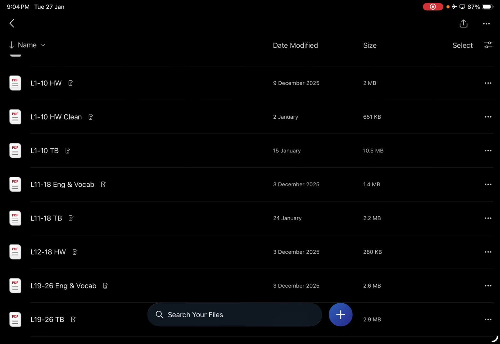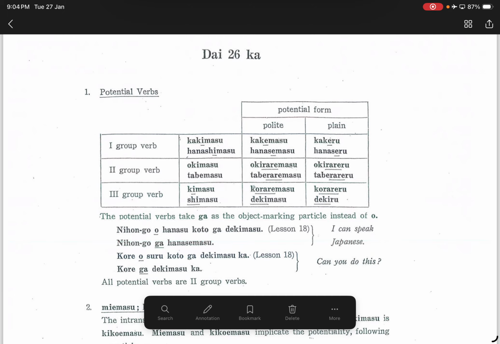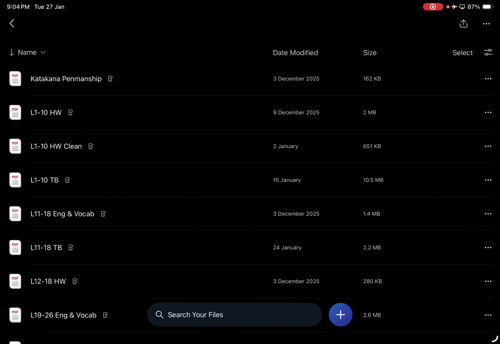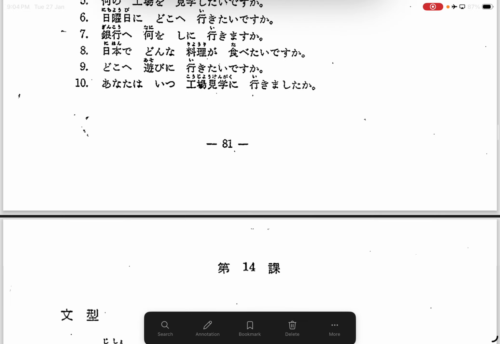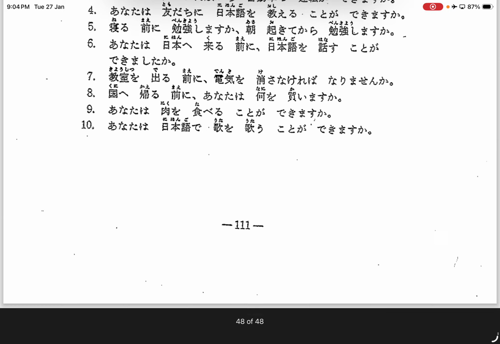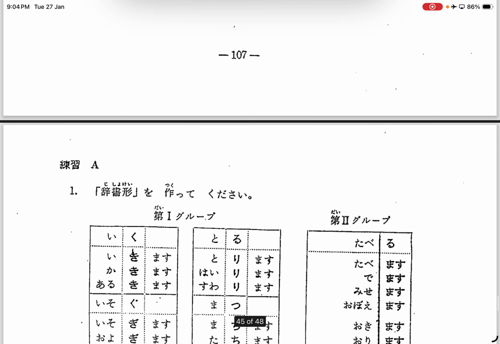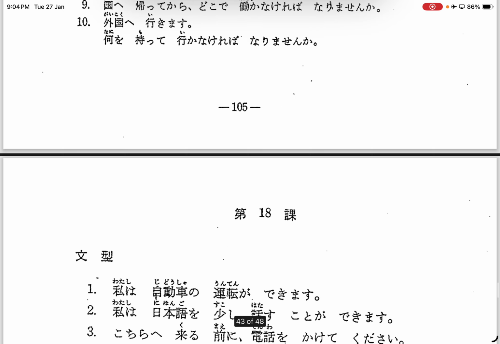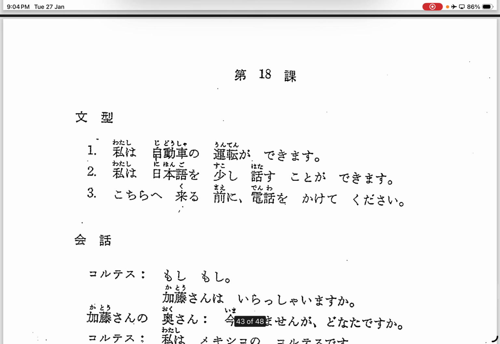Where is it? Where is my textbook? Okay. Let me go toilet first. Wait.